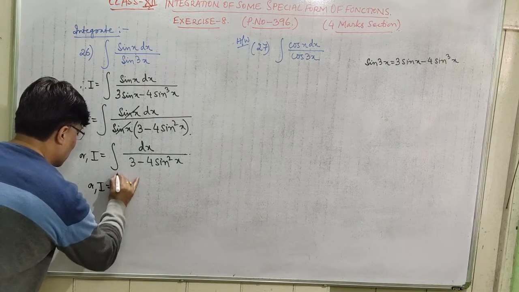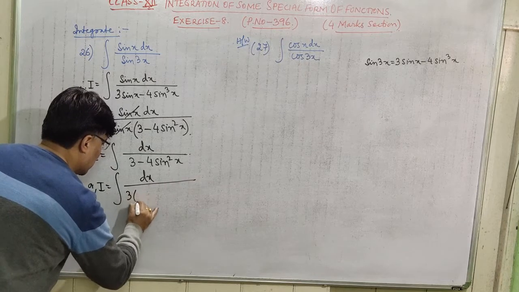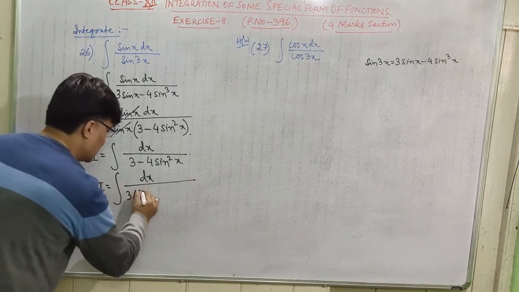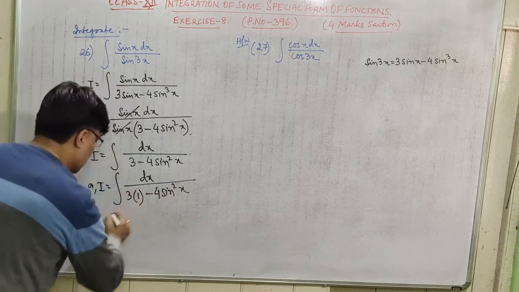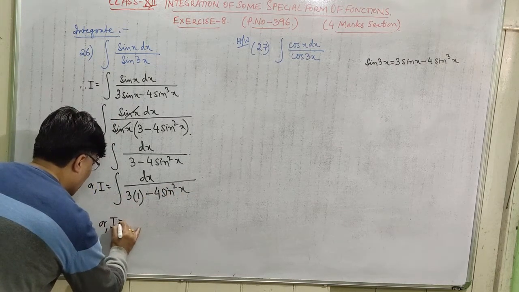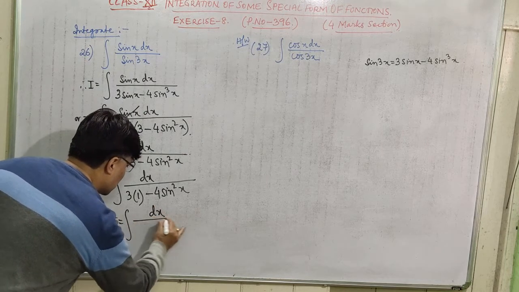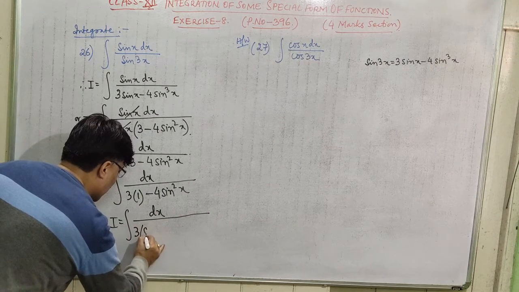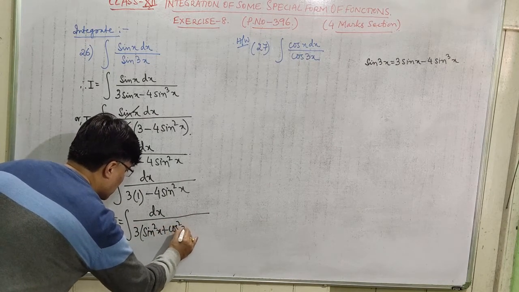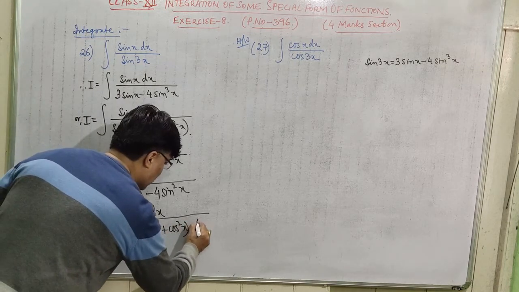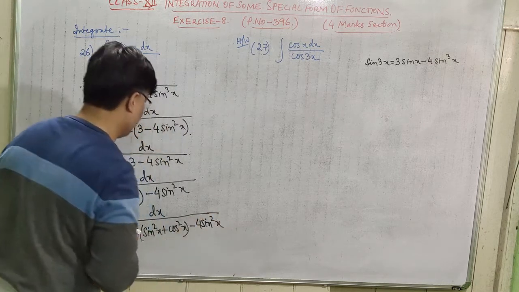Or I is equal to integration of dx divided by, actually this is 3 into 1. 3 ones are 3, isn't it? Minus 4 sin square x. So next, instead of 1 what should we put? I is equal to integration of dx divided by 3 within bracket, sin square x plus cos square x, minus 4 sin square x.